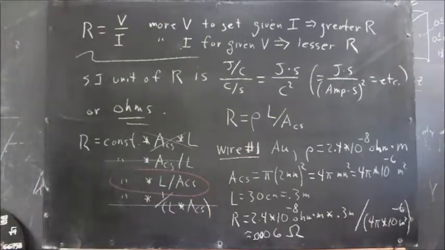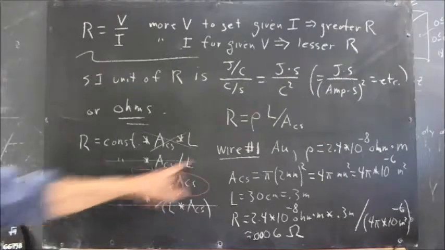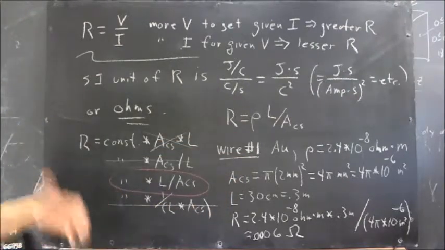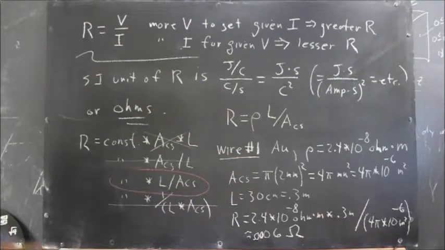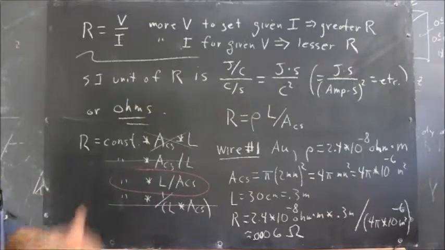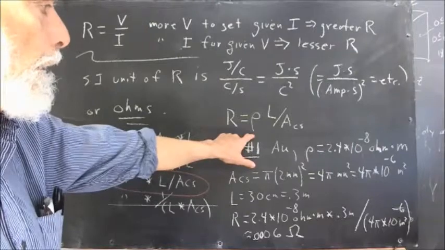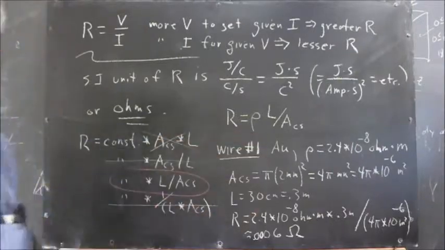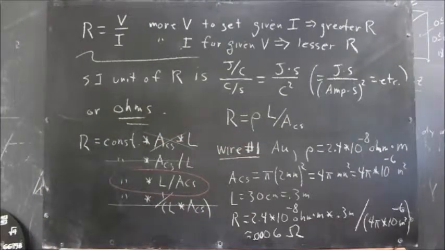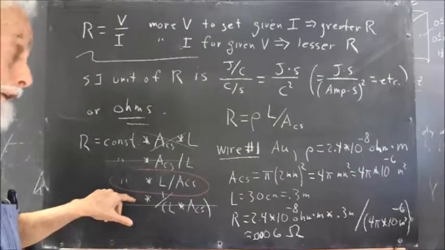Now, we use the letter rho for that constant, the constant that depends on the material, that's different for gold than it is for silver, than it is for copper, etc. That's going to be our rho. That's called resistivity. That's what we're going to call our proportionality constant.